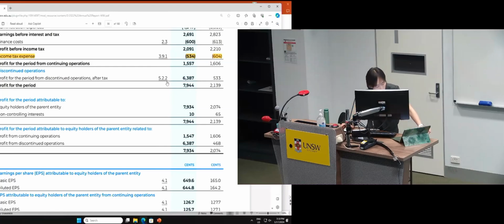Now this is according to ASB 101 presentation requirements, okay? So we have to separately disclose the parent shareholders' share of the consolidated P&L from the NCI share. Now, why is that? Why must we have a separate disclosure? Why such a requirement? So any idea?